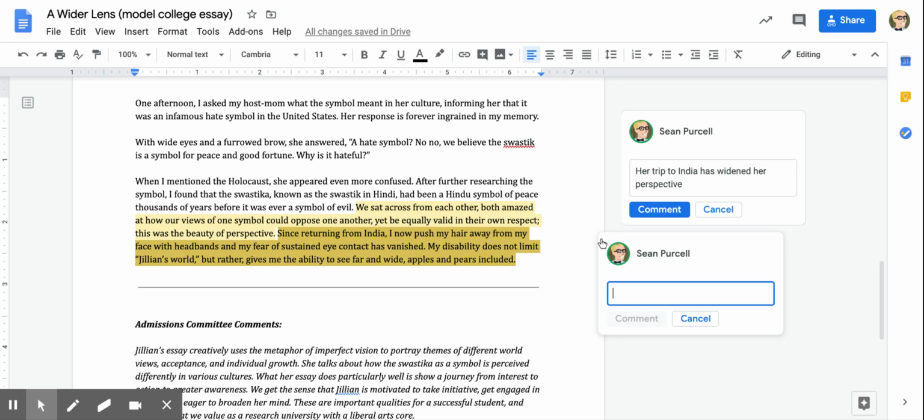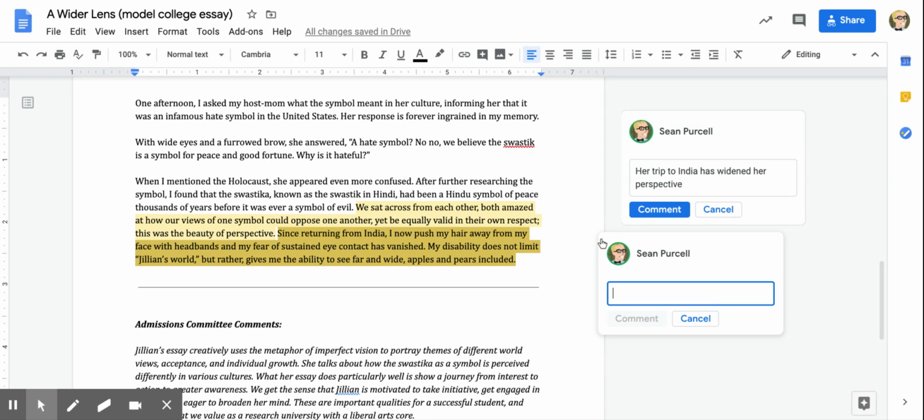It's actually about how she's come to see herself. It's about her growth from being insecure about her difference to accepting and embracing it.